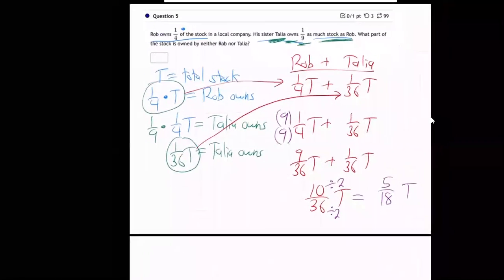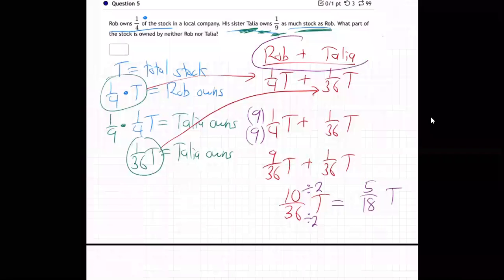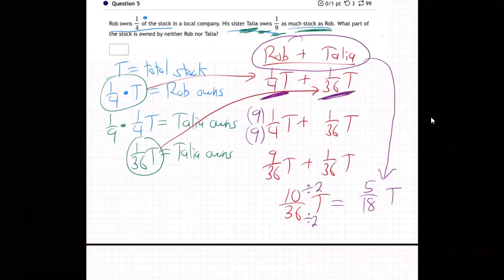So, what is that? That's Rob plus Talia. So I just added together the amount of stock that Rob owns, 1/4 of the total stock, and the amount of stock that Talia owns, 1/36 of the total stock. Common denominator, got 10/36, reduce the fraction, 5/18.